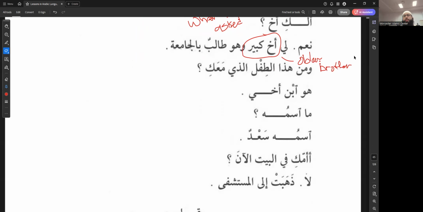Wa huwa talibun bil-jami'a. What does that mean? And he is a student. We know what al-jami'a is, right? What does it mean? University. Good. So what does the ba mean here?